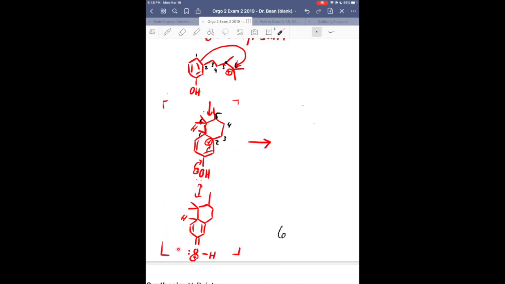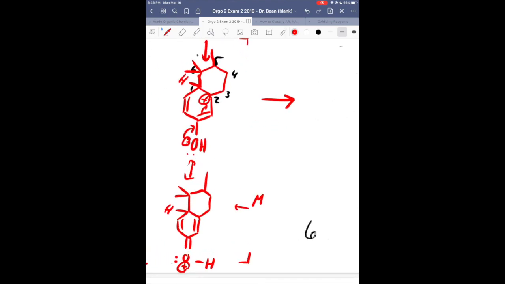Because now if we compare between this upper resonance contributor and the lower one, which one is more stable? Which one is a more stable contributor? Thus, which one contributes more to the hybrid? So your answer should be the bottom one.